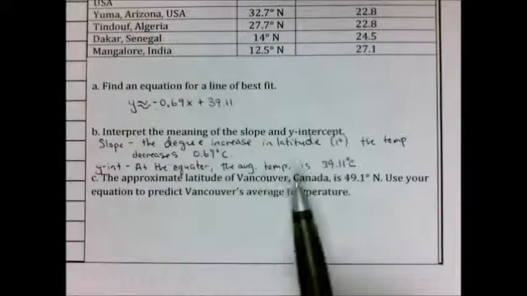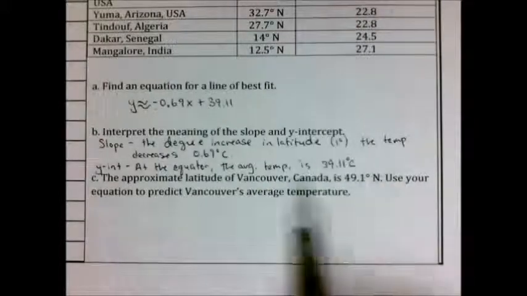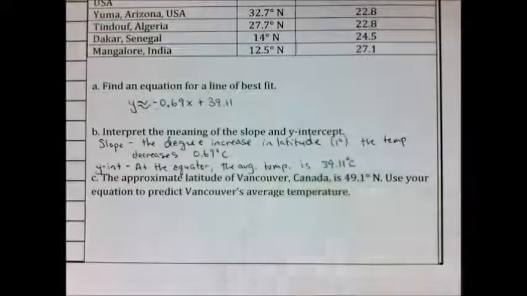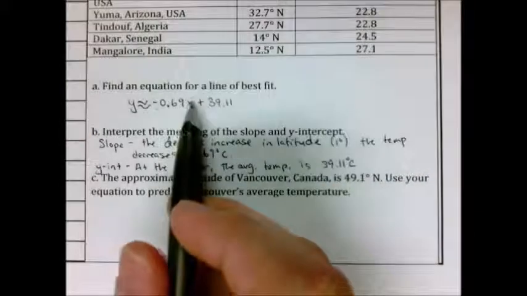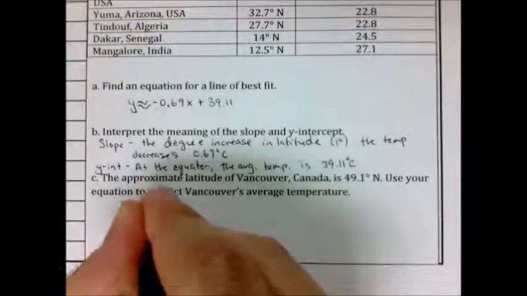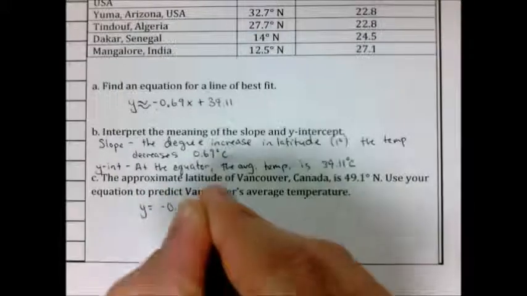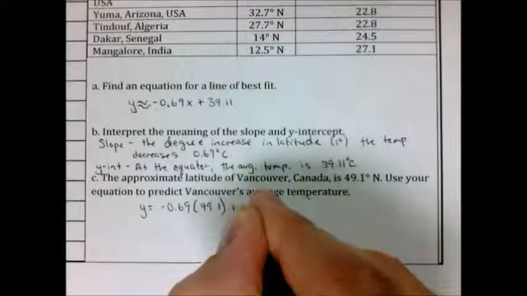Okay, and then to answer this last question here, it says the approximate latitude of Vancouver, Canada is 49.1 degrees north. Use your equation to predict Vancouver's average temperature. All we have to do then is put 49.1 in for x and solve. So we've got y equals negative 0.69 times 49.1 plus 39.11.